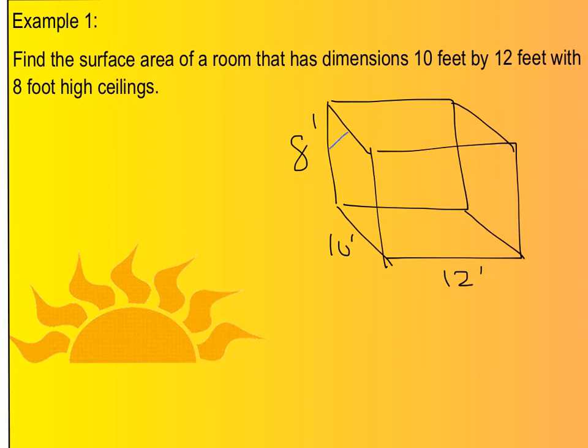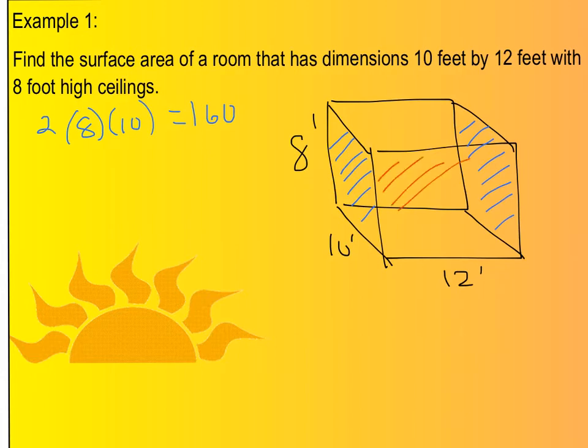If I take a look at this left wall, I notice it has dimensions of 8 by 10. I also notice that the left and right wall together are going to be the same size. So I have two of them. So I'm going to calculate the area of the left and right wall as 160 square feet.